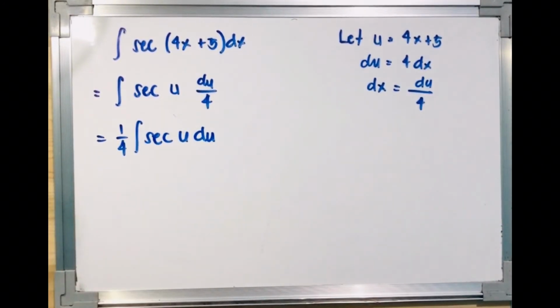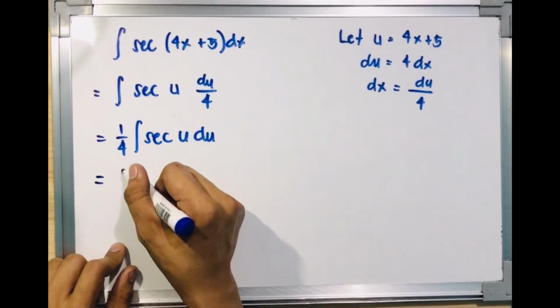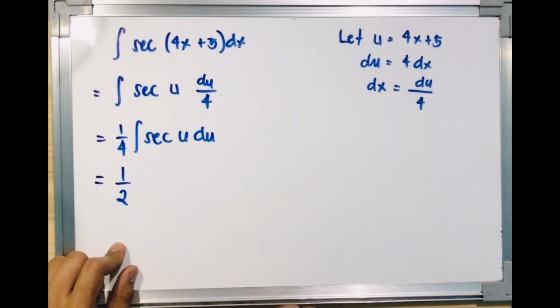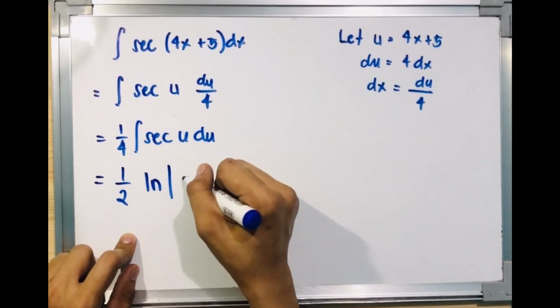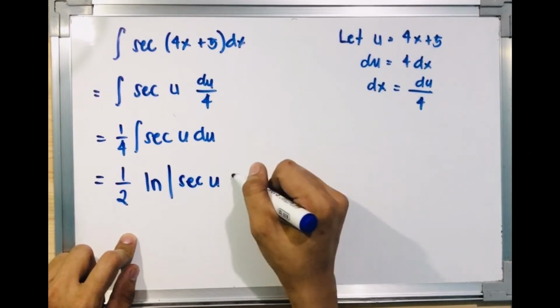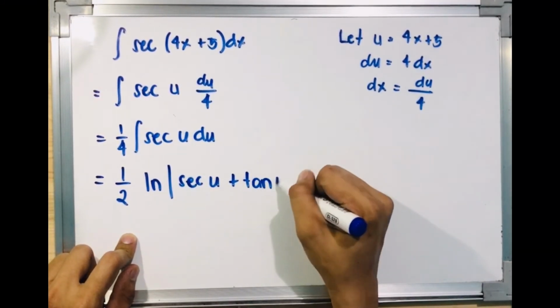Madali lang yung problem na to if alam mo yung integral ng secant u. At makikita mo to sa nauna kong video, meron tayong ways kung paano kahit hindi natin i-memorize or mas mabilis natin ma-memorize yung mga integrals ng trigonometric functions. And we will know that the answer for the integral of secant u is ln, okay? Absolute value of secant u plus tangent u plus c.